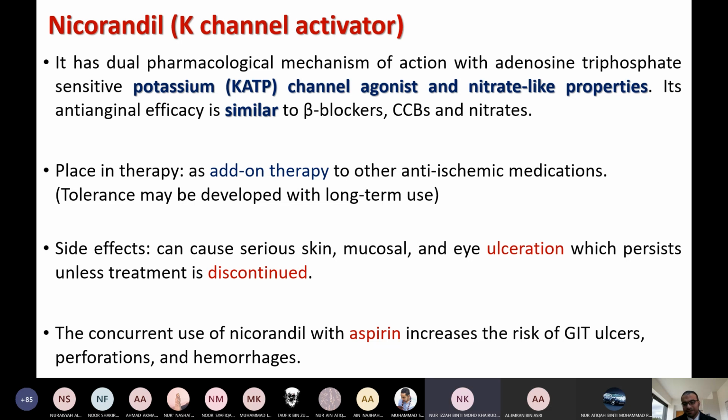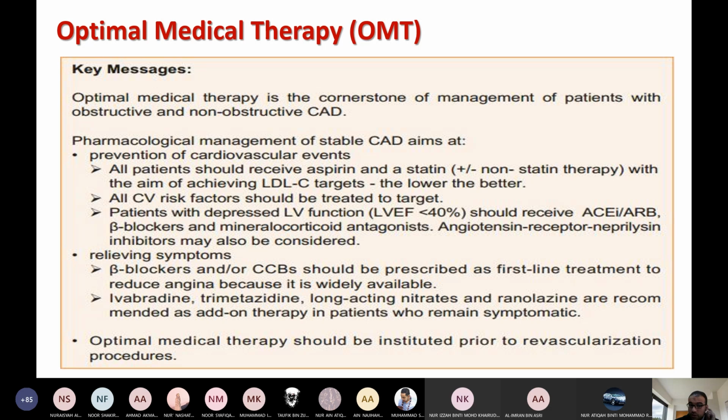Can you name the others? Ivabradine and trimetazidine, ranolazine, nicorandil, right? Yes, doctor. Okay, this is all regarding the anti-ischemic.